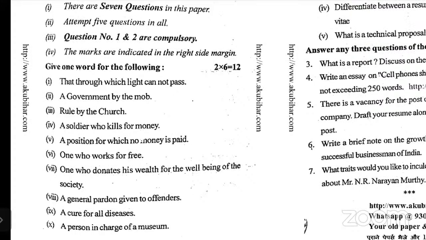What is the difference between people and mob? Ma'am, people includes all the people. Mob will be considered as a group of people, a crowd. In a mob there will be a definite number of people. If India's population is 130 crore, then a government by the mob means a few lakh or a few thousand people who rule. And government by the people means all the people, which is democracy.